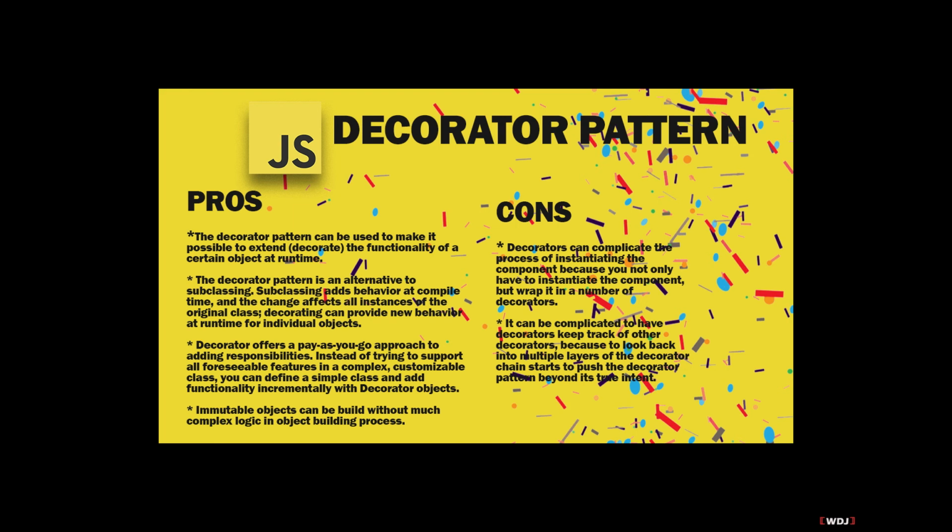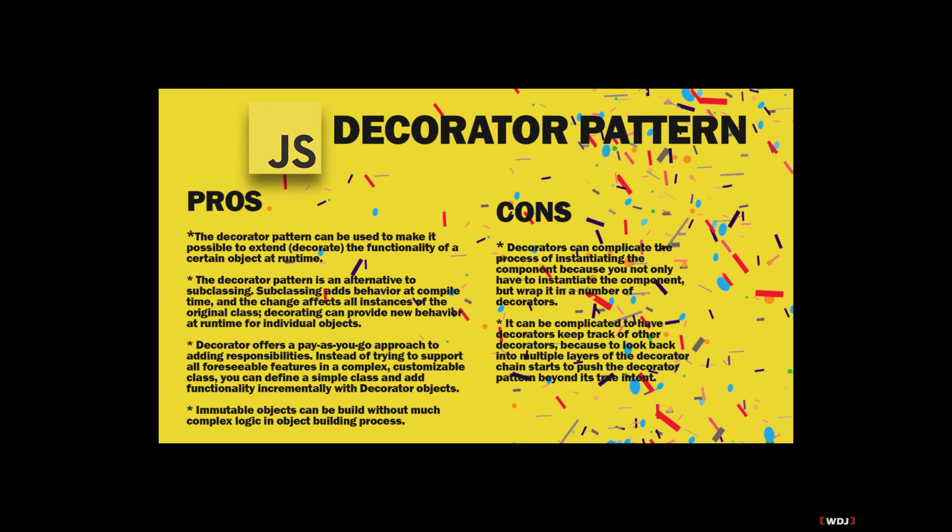Decorating, however, can provide new behavior at runtime for individual objects. Decorator offers a pay-as-you-go approach to adding responsibilities. Instead of trying to support all foreseeable features in a complex, customizable class, you can define a simple class and add functionality incrementally with Decorator objects.